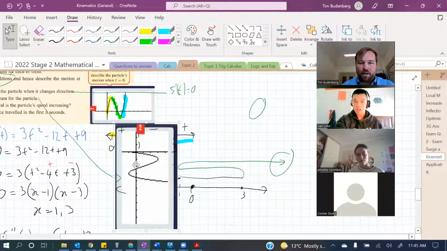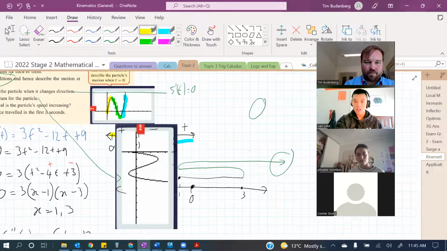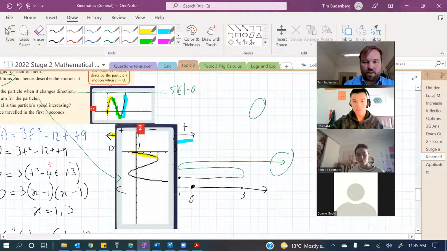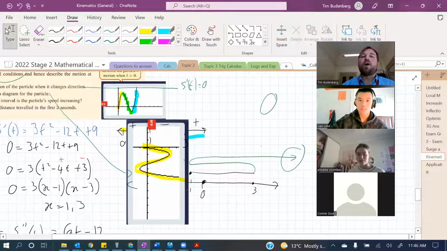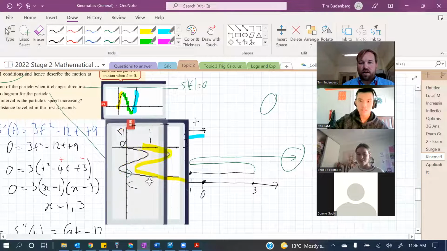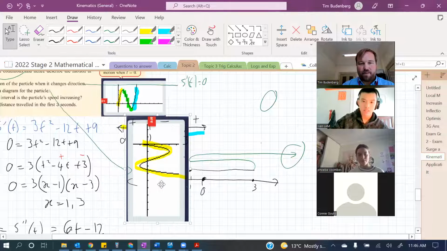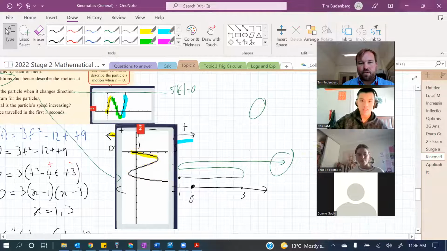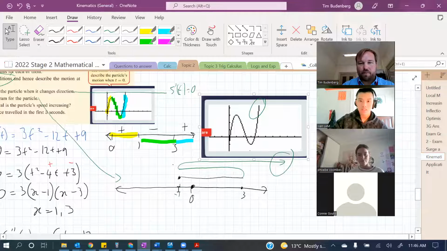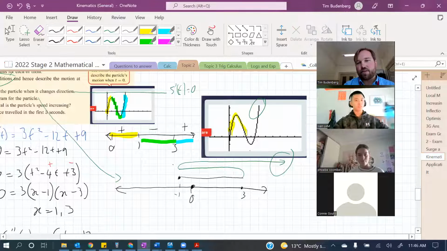When the particle is above the x-axis, it's to the right of the origin. So it goes right, left, right. That's why I got confused. Maybe flipping is a bad idea. Remember that when it's positive, it's to the right, and when it's negative, it's to the left.